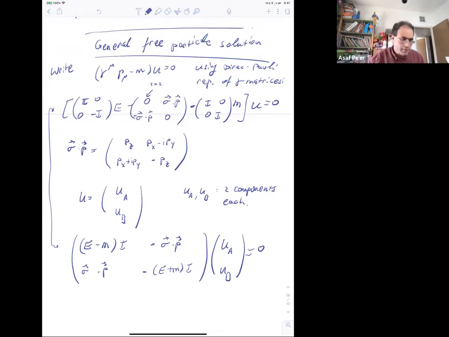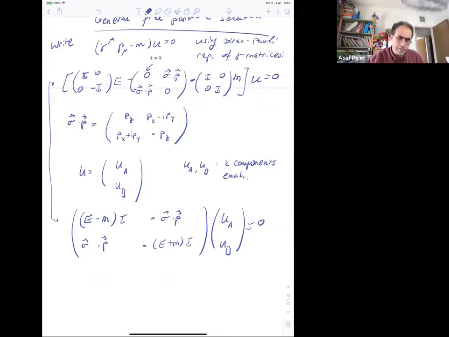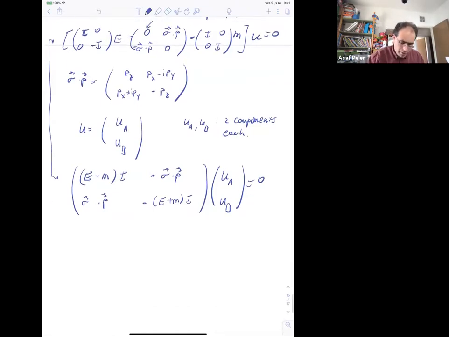And that gives us two coupled equations. So we have UA is just sigma dot P over E minus M UB, and UB is just sigma dot P divided by E plus M UA.